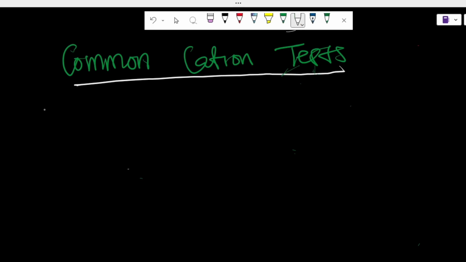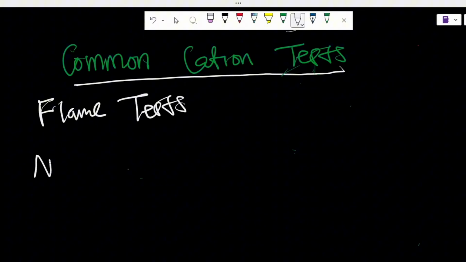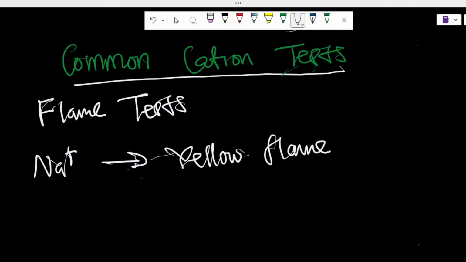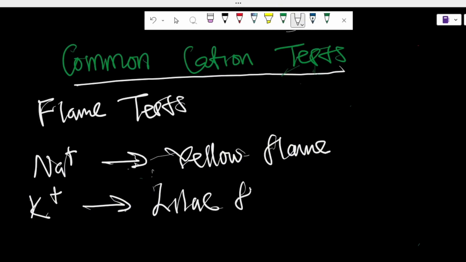Now, sometimes you might also be required to know the flame tests. In other words, when sodium ions are present, then under heat, you're going to see that it produces a yellow flame. For potassium ions, you're going to see that lilac flames are produced.